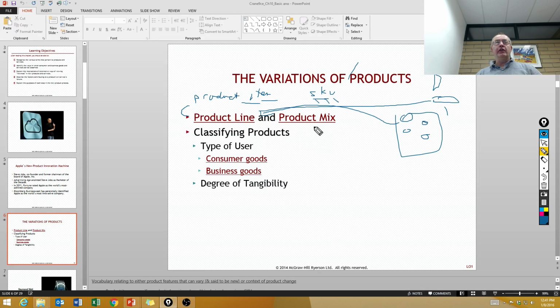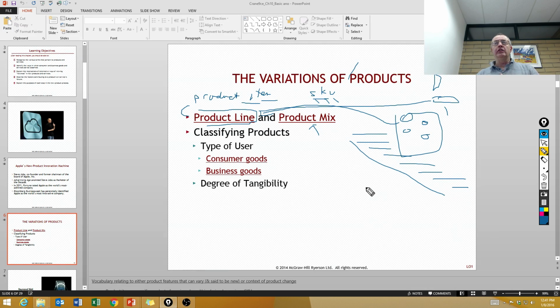Okay, and then we have a product mix, and a product mix is simply a set of product lines. So we go to the food store, they have bread products, that's one product line. They have milk products, cheese products, egg products, vegetable products, fruit products, canned goods, cereal, and so on. So grocery stores tend to have many product lines.